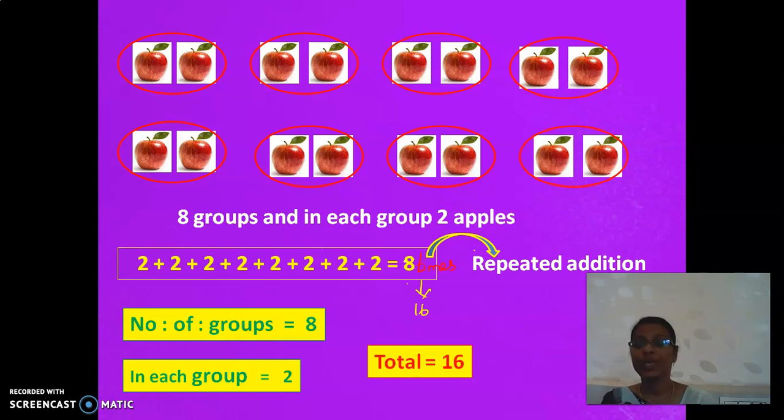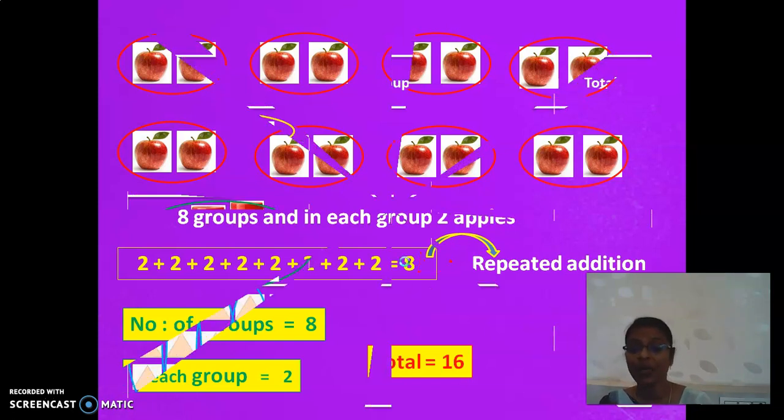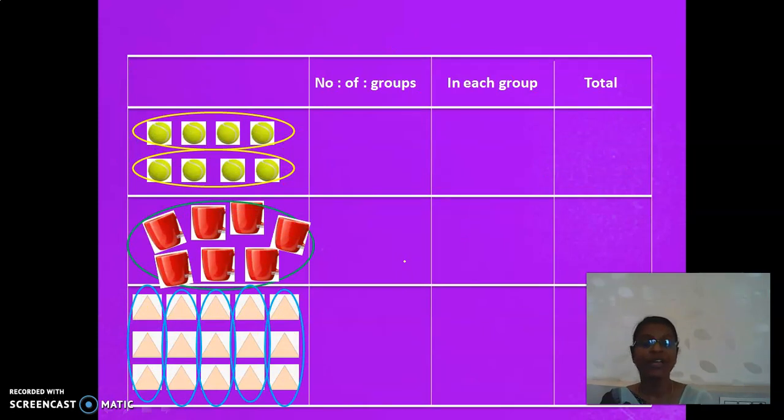Yes. So with the help of this grouping method, we are going to learn the new content. Before that, now you are going to find out how many groups are there, how many objects are in each group, and what the total is.